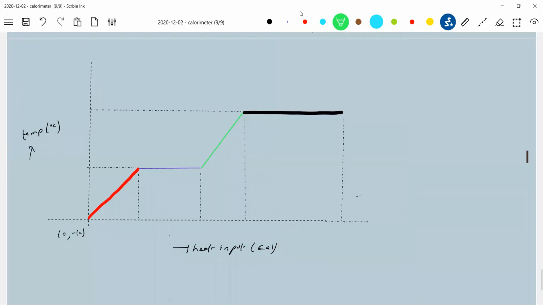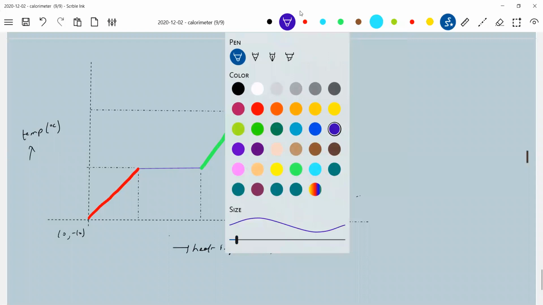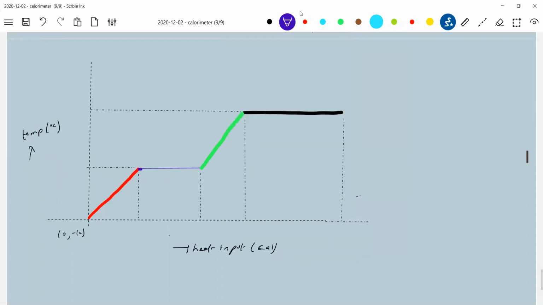There is a lot of information every time. Instead of struggling with numbers, the graph will speak. It will give a lot of information regarding that particular substance.